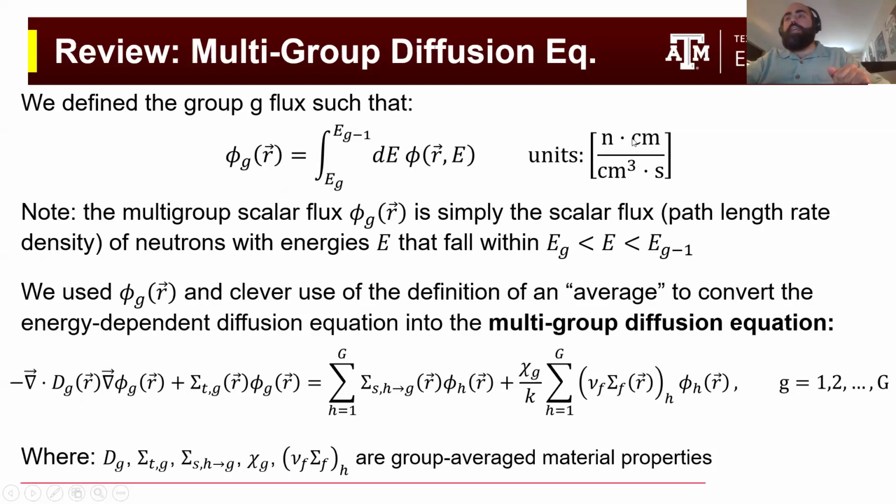It's the track length rate per unit volume made by neutrons that have an energy within the group G. Ultimately, when we got this equation, we were just using this definition and some clever use of the average to rewrite the diffusion equation, the cross sections, the fission spectrum for each group, and nu f sigma f as group averaged values.